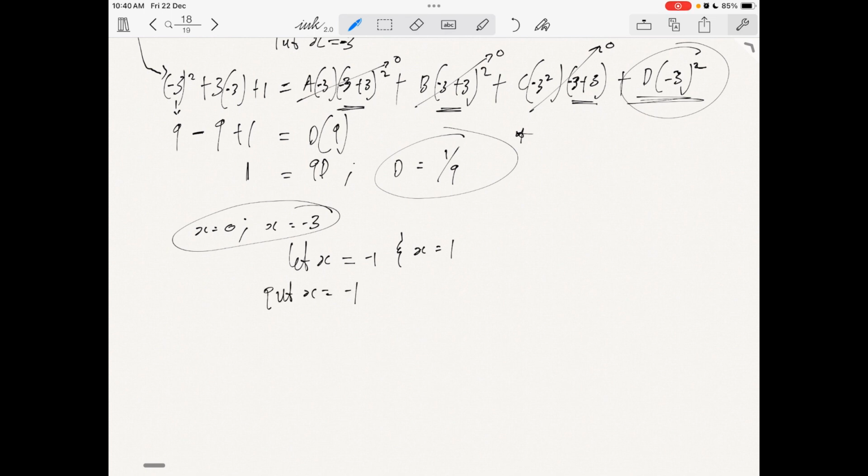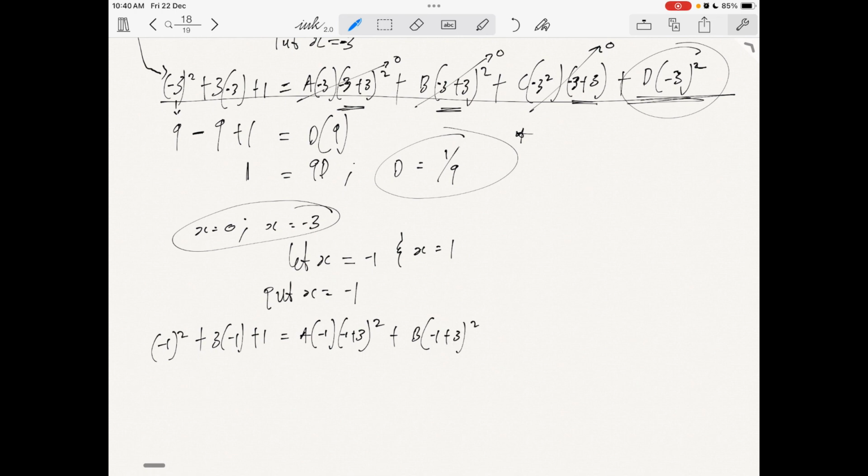We will have minus 1 squared plus 3 into minus 1 plus 1 is equal to a into minus 1 into minus 1 plus 3 squared. I am following this order here. Plus b into minus 1 plus 3 squared, plus c into minus 1 squared and minus 1 plus 3, and d into minus 1 squared.